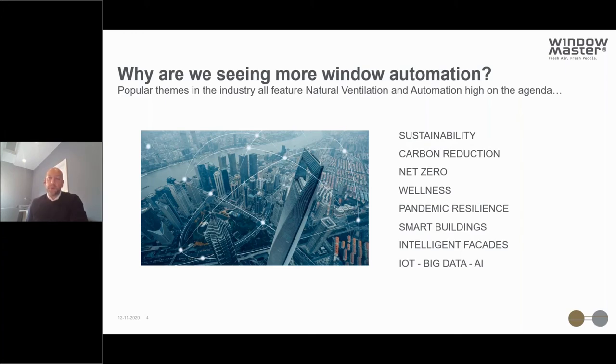And then there are some emerging themes getting a lot of airtime as well: wellness and productivity, and more recently pandemic resilience and how we can ventilate buildings to address the challenges around COVID. Also more discussions around digital technology, smart buildings and intelligent facades, and of course Internet of Things, big data and AI and all of that exciting stuff, which are really pushing natural ventilation and particularly automation to the fore in a lot of the discussions we're having around building design and renovation.